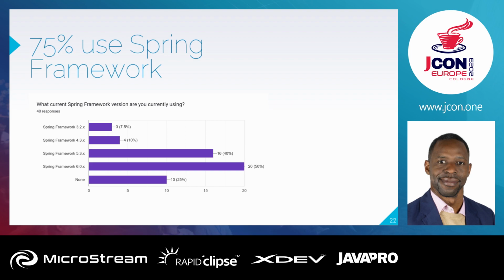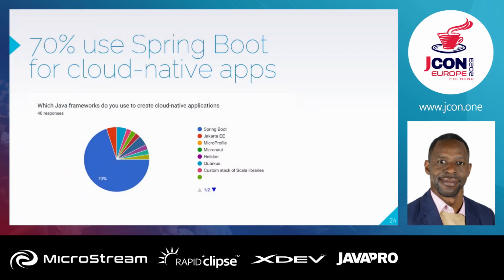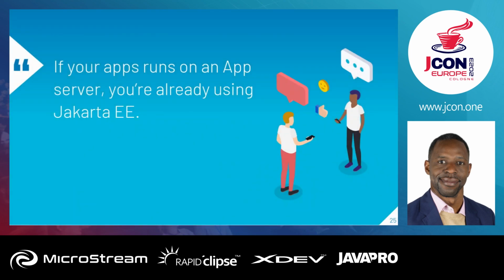Geez, you guys are many, yeah? And people still run on Tomcat. I was expecting Glassfish or Wildfly to win, but Tomcat seems to be king, and it's been here for over 20 years. Most cloud native applications are running on Spring Boot. But in essence, if your application runs on an app server, you're already using Jakarta EE anyway. It was interesting.